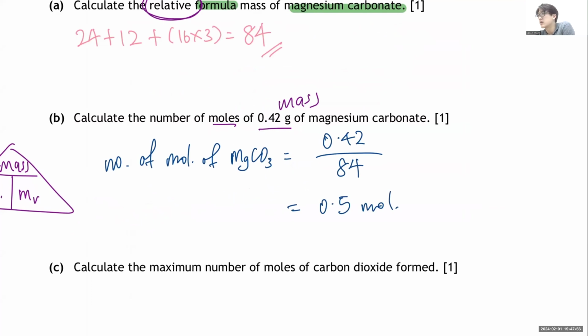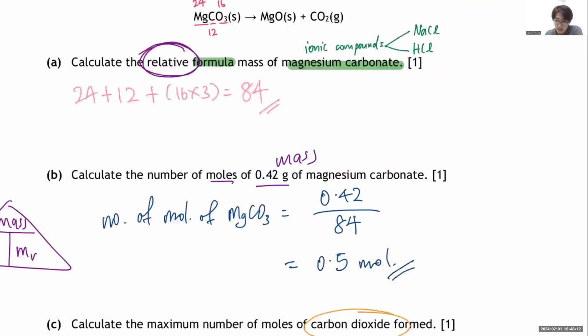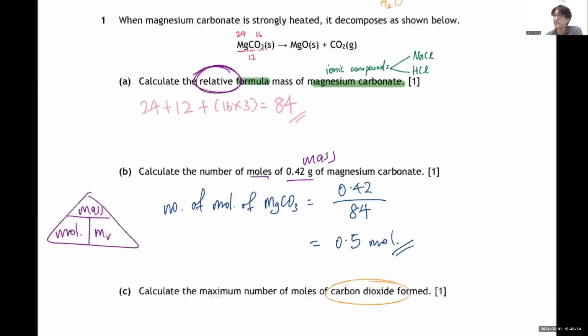Is it correct? Now, we want carbon dioxide though. This is where our equation comes into play. We have the number of moles of this one. I want to find the number of moles of this one.